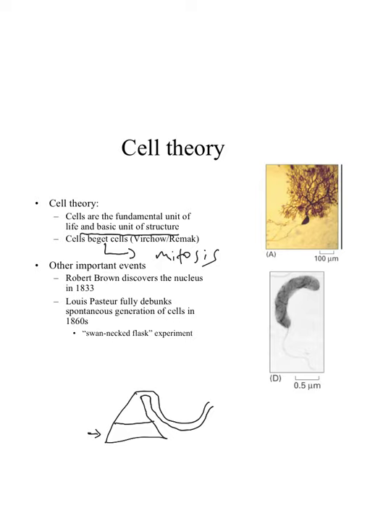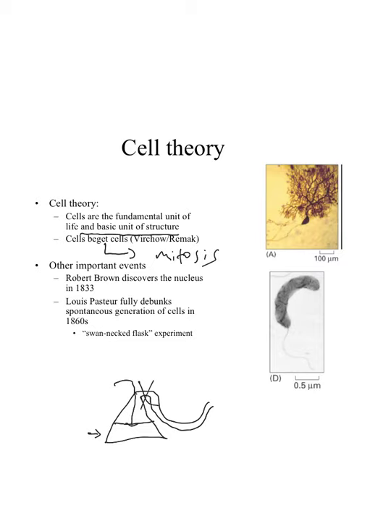And to drive home that point that you need some inoculation to get growth, you can break off the swan neck and now return it to a conventional Erlenmeyer and set that on the bench top for a week. And when you come back, you'll see it cloudy and frothy and full of microorganisms. That's because dust particles have settled in, carrying bacteria, and they've taken over that nutrient broth and grown like crazy.